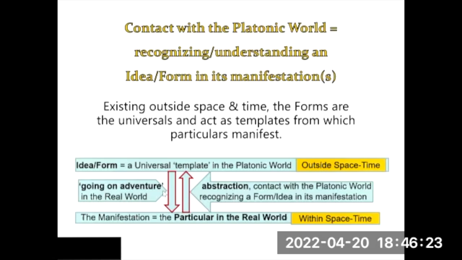For instance, the circle, or let's say the flat plane, is on adventure here as the floor of this room. There are myriads of things of these Platonic ideas. And in the other way, when you recognize a Platonic idea, you could call that abstraction.